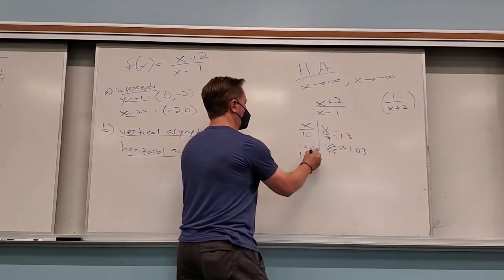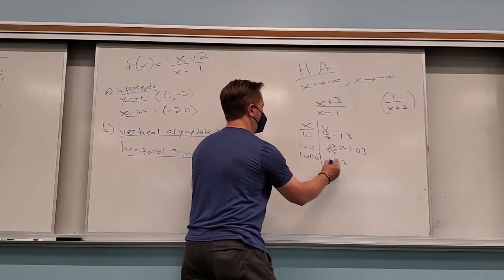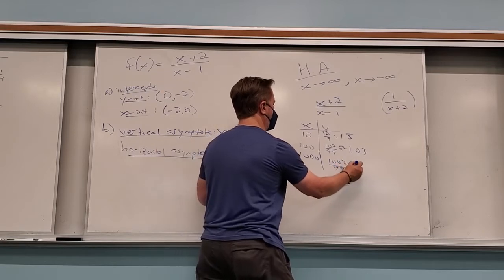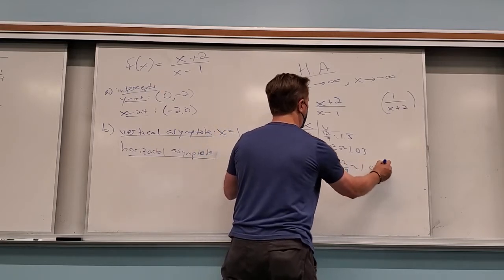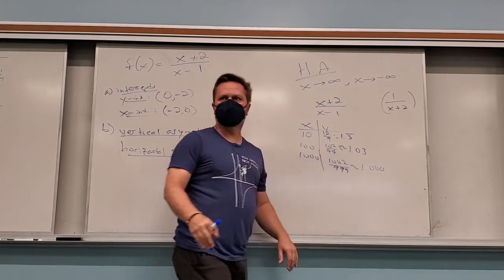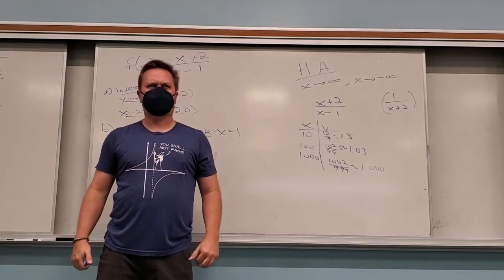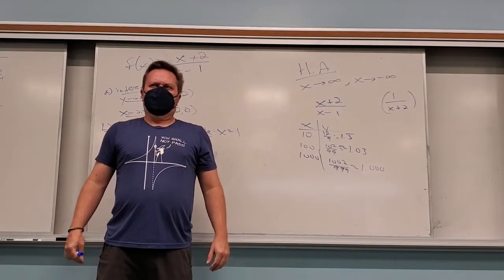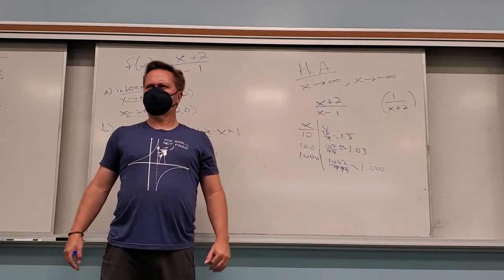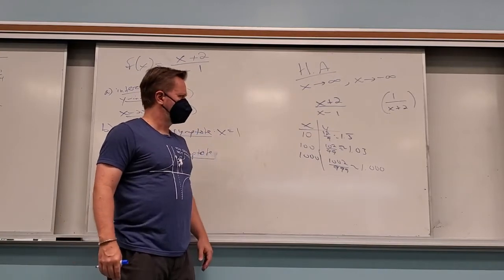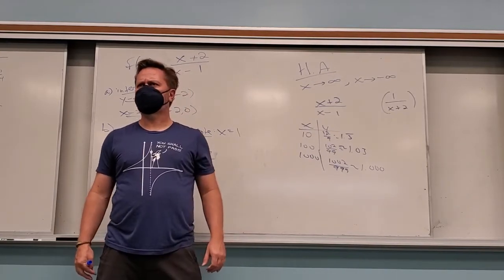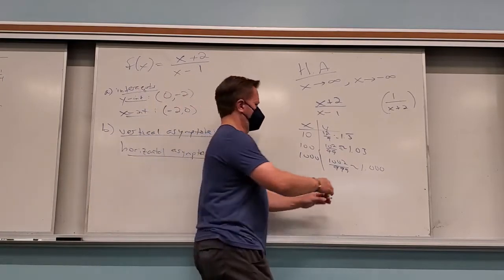What if I put 1,000 in there? I get 1,002 over 999, and that's going to be about 1.003. You guys can help me out with the zeros.